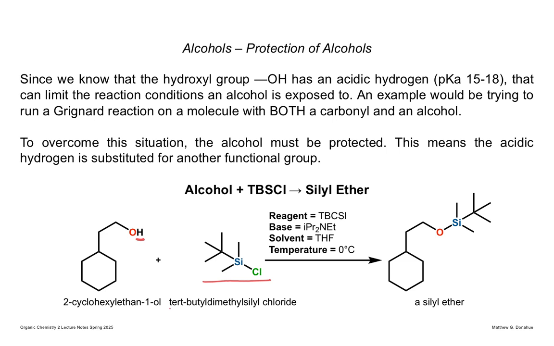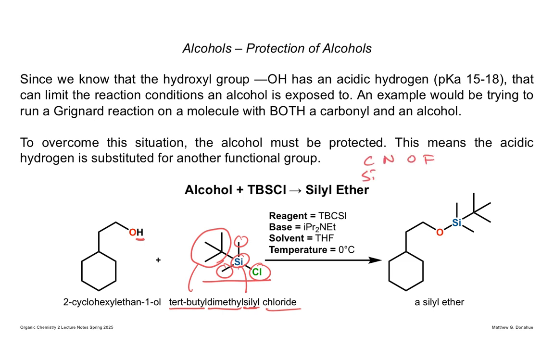So tert-butyl, that's this part. Dimethyl, that's these two methyl groups. Silyl is the silicon, and then the chlorine is the chloride there. In the periodic table, we have CNOF.